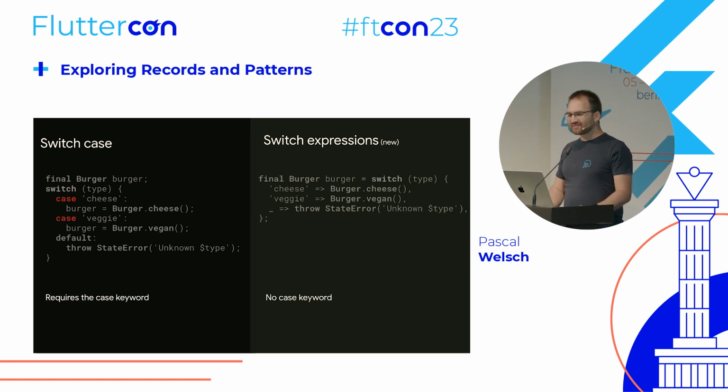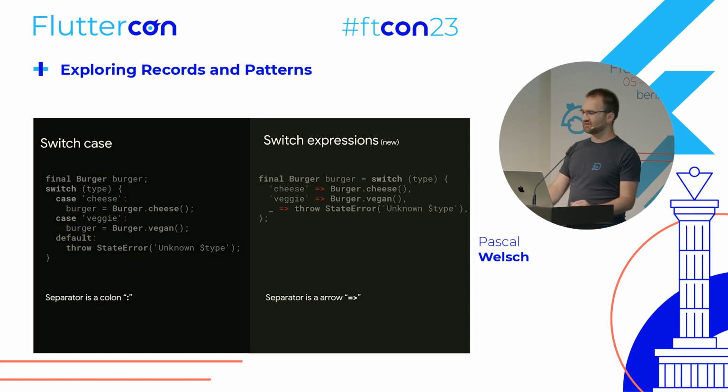Cool. The next thing is that the switch case has cases, whereas the switch expression has no cases. It has just expressions. The switch case has colons to separate the patterns from the values, and the new one, the switch expression, uses the arrows. The old one uses default, the new one uses an underscore.